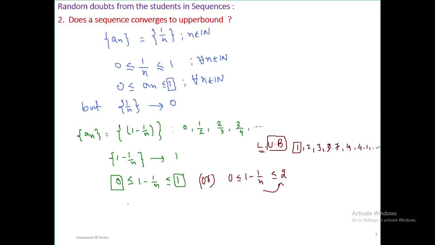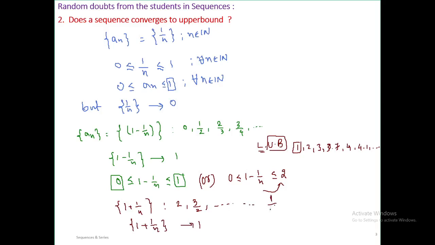And if the sequence is like this, for example, the sequence 1 plus 1 upon n. Now it is a decreasing sequence, right? What are the terms now? 2, 3 by 2, like this. So these are the terms. If you apply the limit, the sequence 1 plus 1 upon n converges to 1, is reaching 1 as n becomes very large.